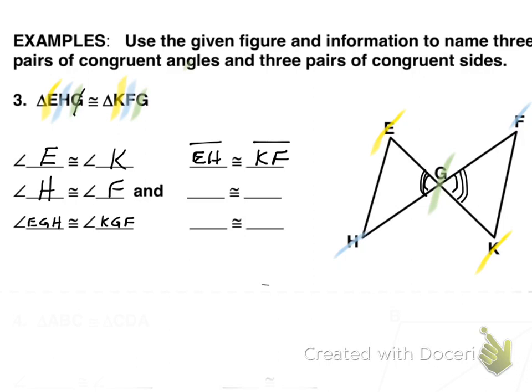Okay, so EG then would be congruent to KG, and HG would be congruent to FG. So be very careful when you list these congruent angles and sides that you notice where they are in the names and that you match them up correctly.